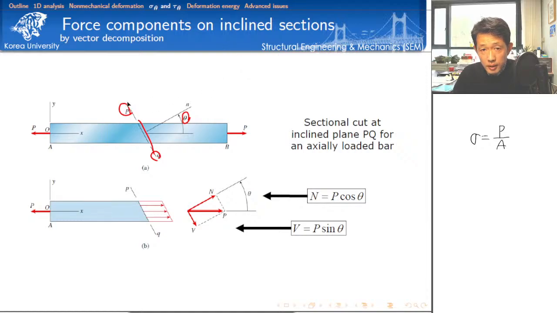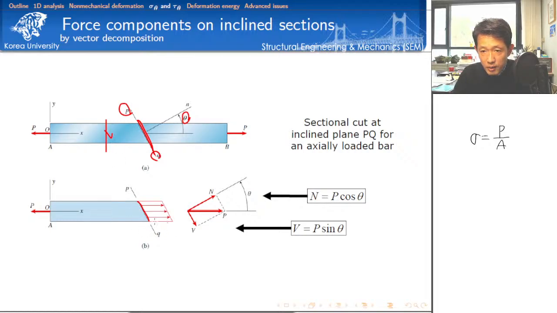So if you consider this inclined surface PQ, because the surface is inclined, the area is greater than the reference area, isn't it? If you consider this area, this is the smallest area. If you consider the inclined surface, this area must be greater than this area, right?